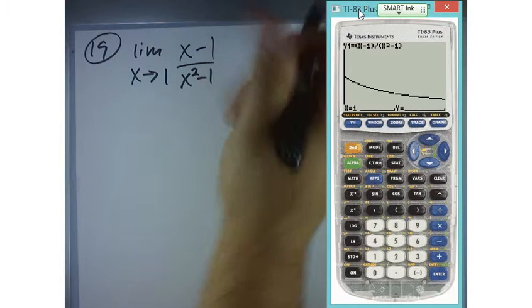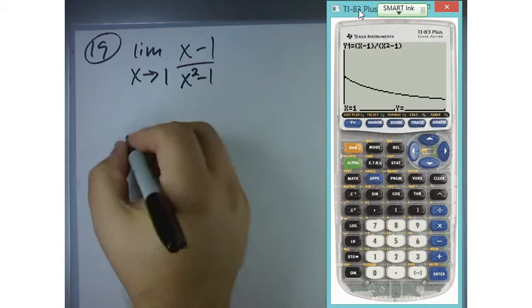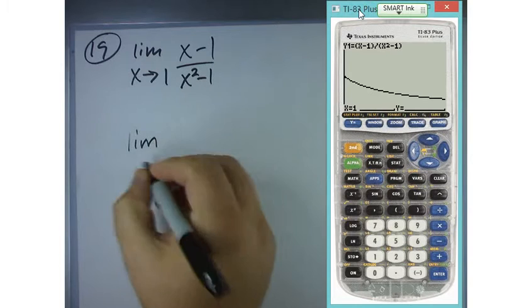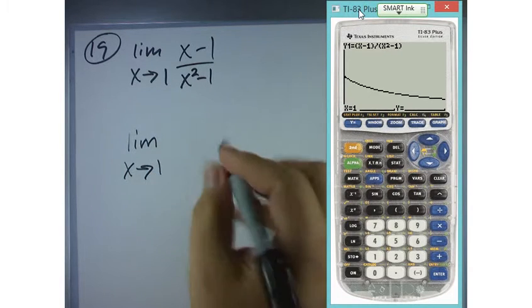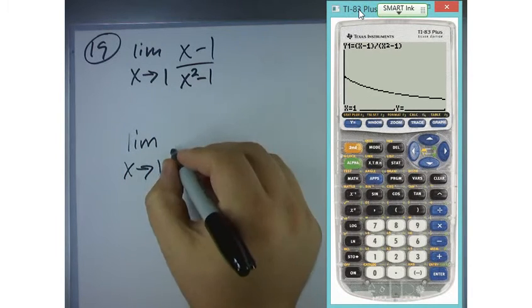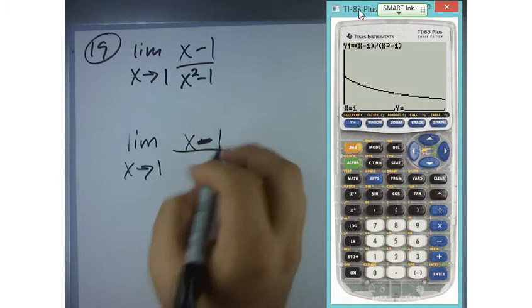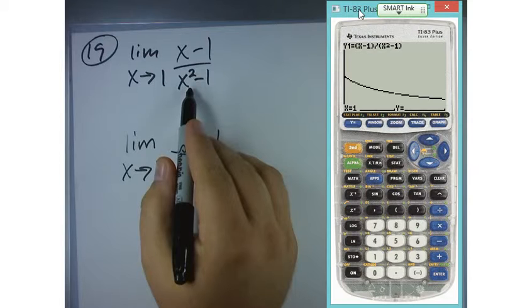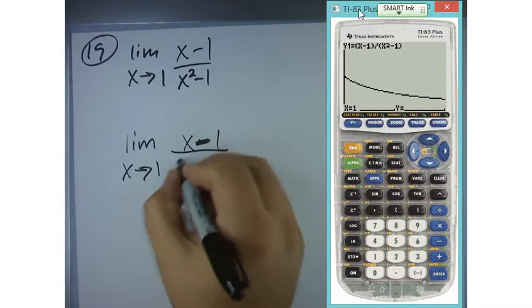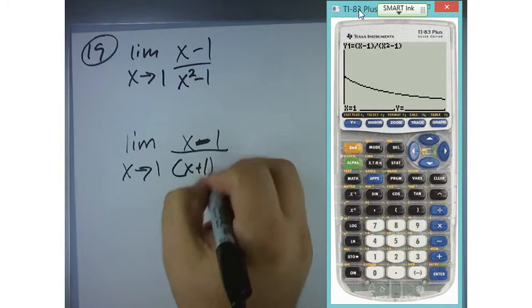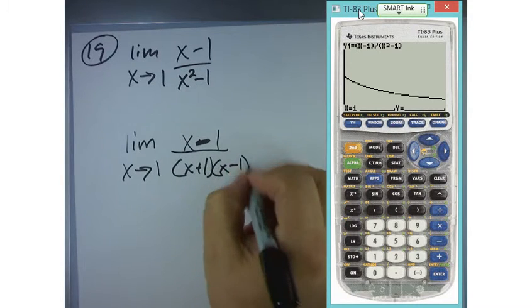Well, what I could do is I could think about, and you'll get used to this, you'll do this automatically, x minus 1 on the top, but isn't this a difference of squares? Isn't it the same as x plus 1 times x minus 1?